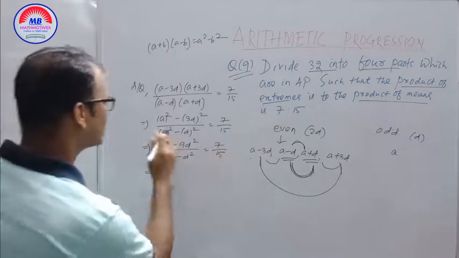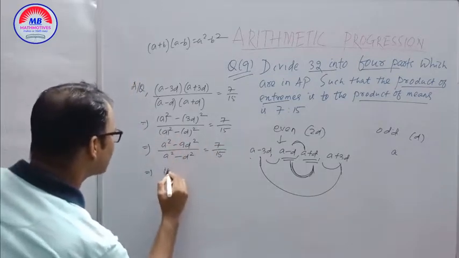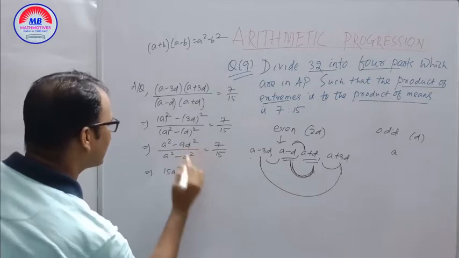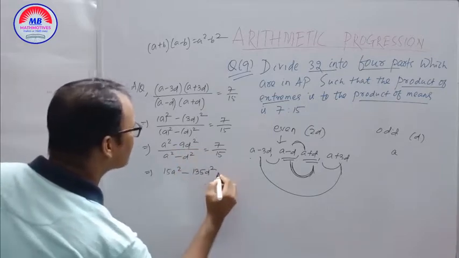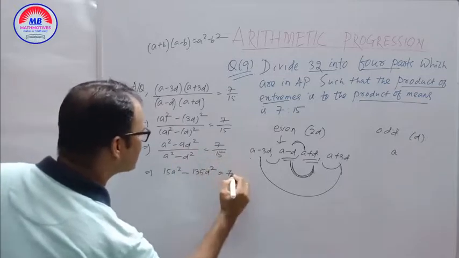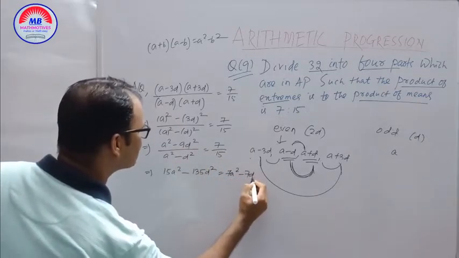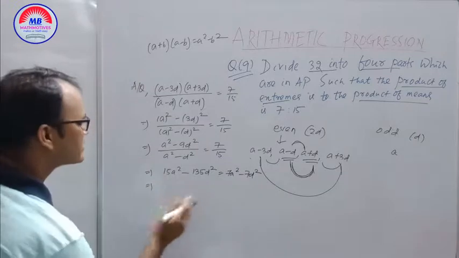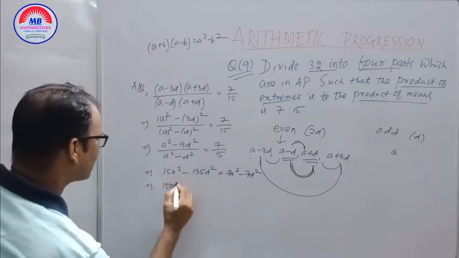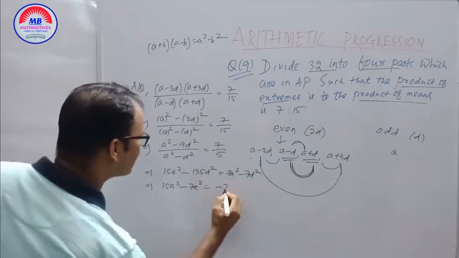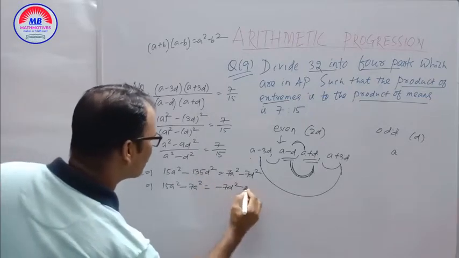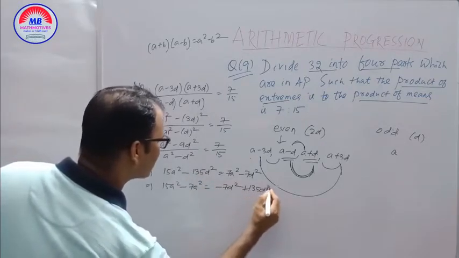That implies cross multiply it. 15 into a square minus 15 into 9 d square, that is 135 d square, equal to 7 into a square minus 7d square. Now you write 15a square minus 7a square is equal to minus 7d square plus 135d square.